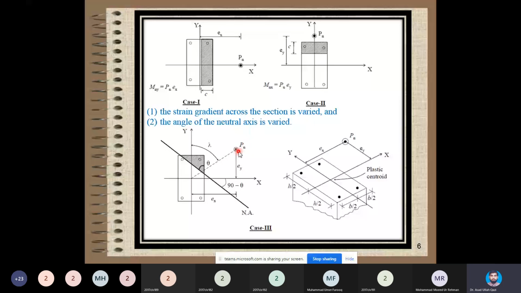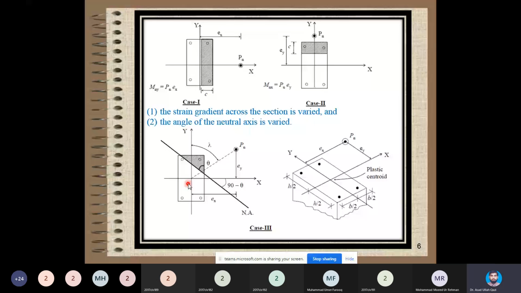Like in this picture, qualitatively drawn, the hashed area represents the concrete in compression and the white area represents the tension concrete, whose contribution to our moment resistance is negligible, and we ignore it.